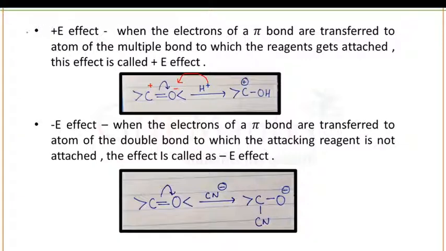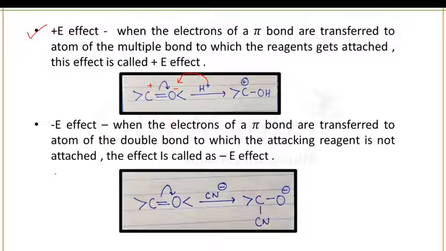So this is your plus E effect. It means when the electrons of a pi bond are transferred to the atom of the multiple bond to which the reagent gets attached, this effect is known as plus E effect. Or in simple language, when carbocation type reagents attack a compound, the compound will show the plus E effect.